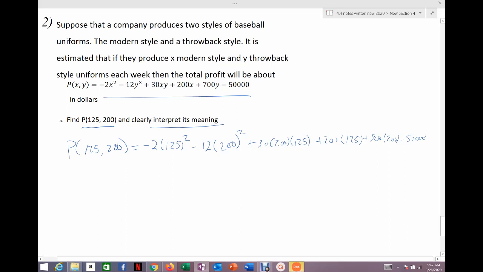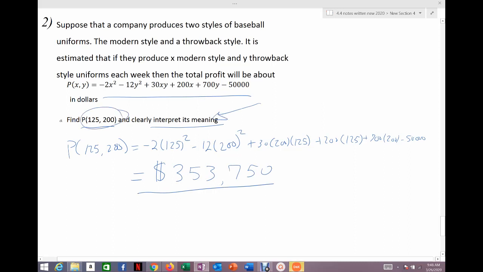The biggest thing is just carefully typing that out in your calculator, and then it's a dollar amount when it comes out. I believe if I typed it in carefully, it should come out $353,750.